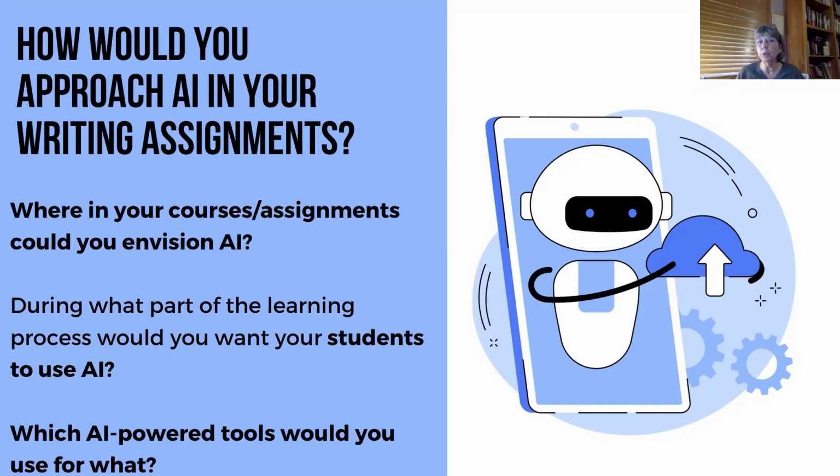So what we want you to do is just think of a course that you teach, just one. We're going to start small. Think of one course and one assignment, a writing assignment, and where you envision how AI could have a role with that. Looking at the learning process, what do you want your students to know about AI and how to use AI?